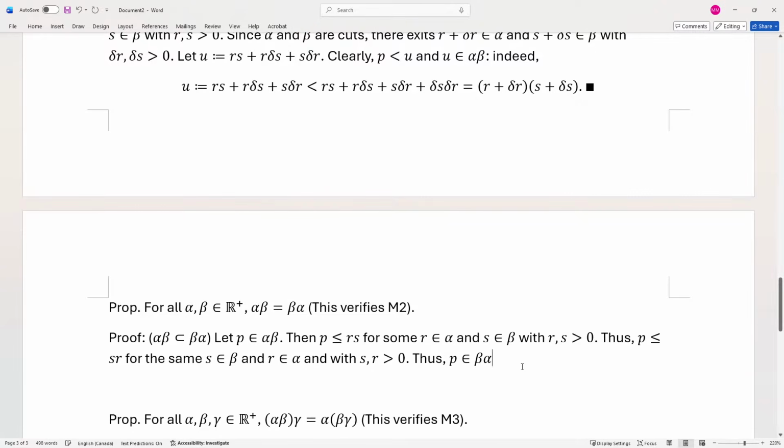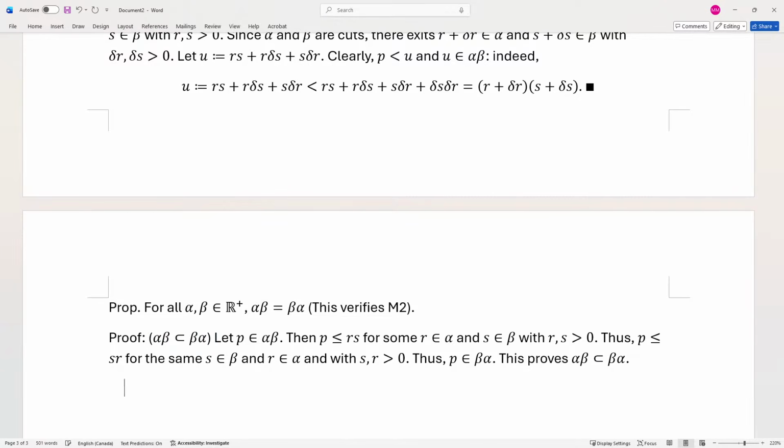This proves one containment, the classic element chasing proof for set containment. Not terribly exciting. The other direction is similar.